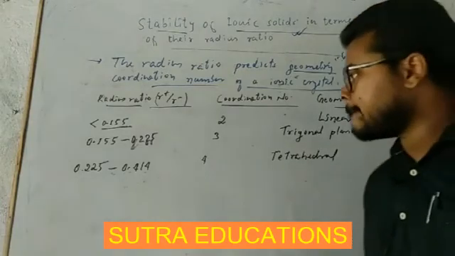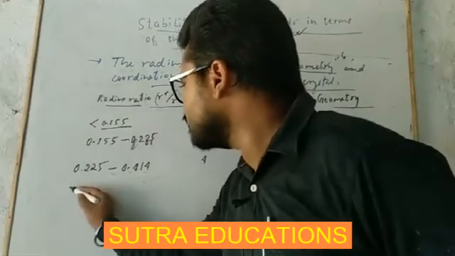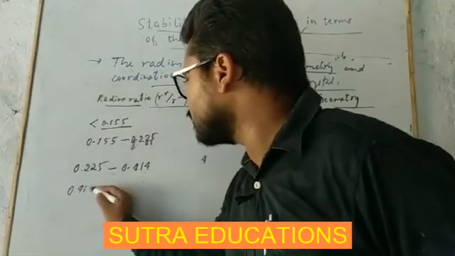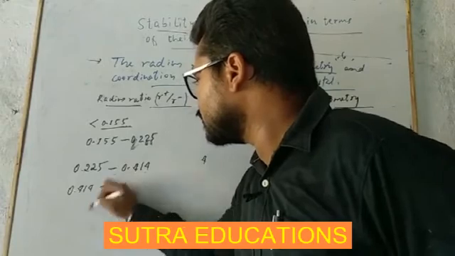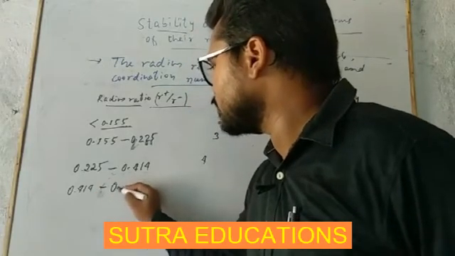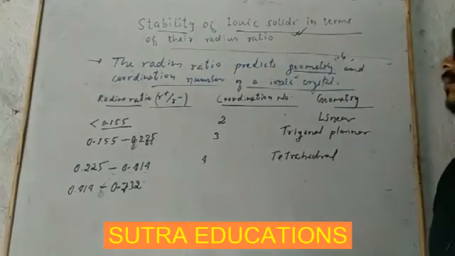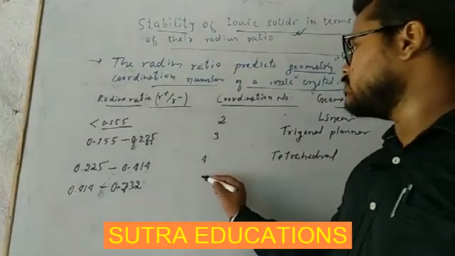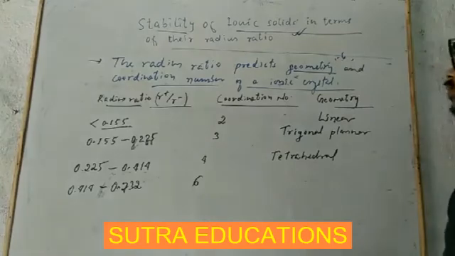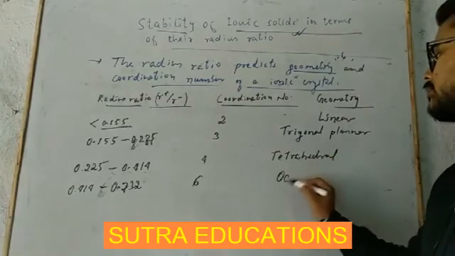Again, if this is from 0.414 to 0.732, then the coordination number will be equal to 6 and the geometry will be octahedral.